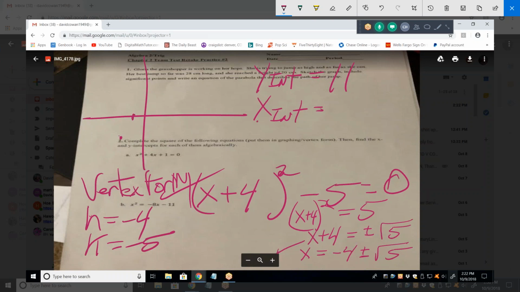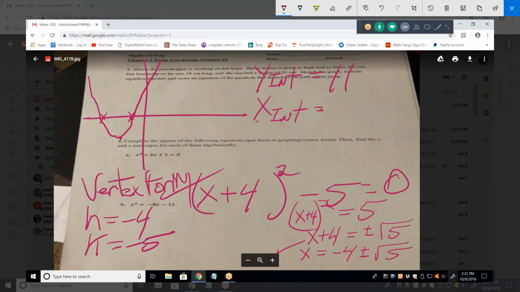Call that right there. And minus 4 minus approximately 2.2 is minus 6.2. Call that there. Now we have our 3 points that we just have to connect with a parabola.